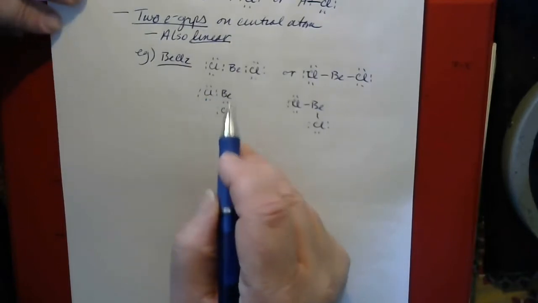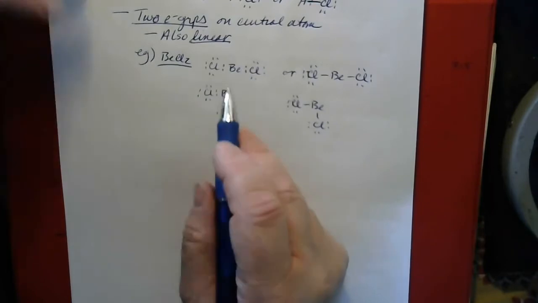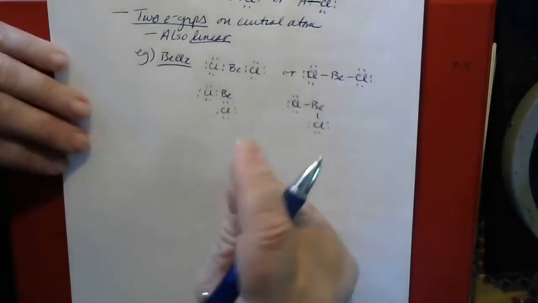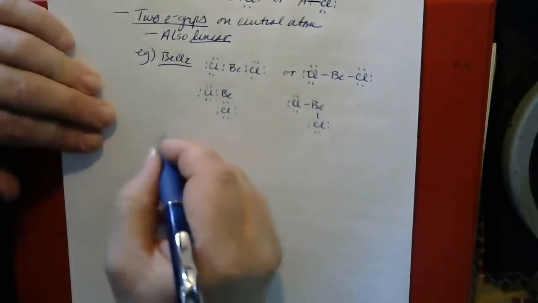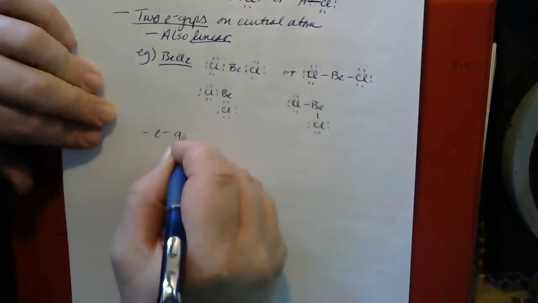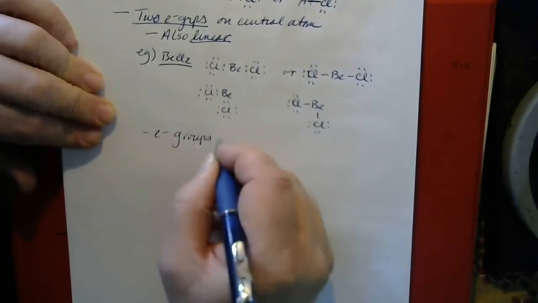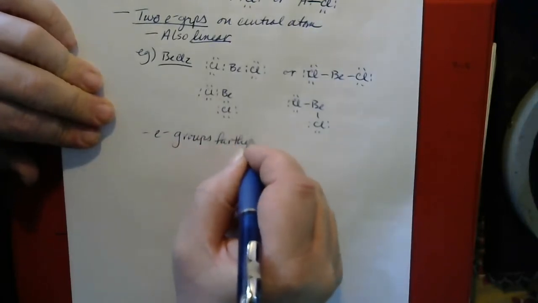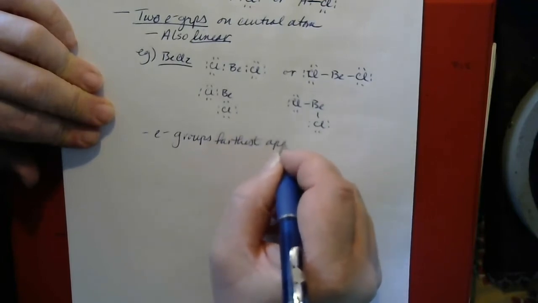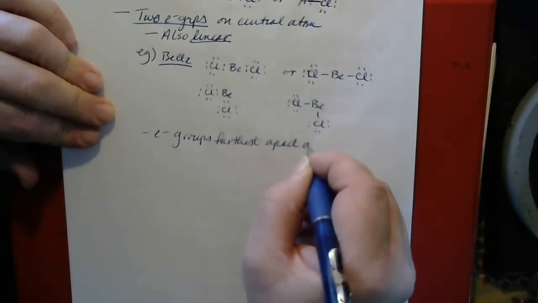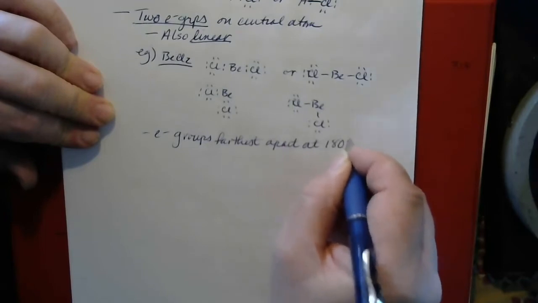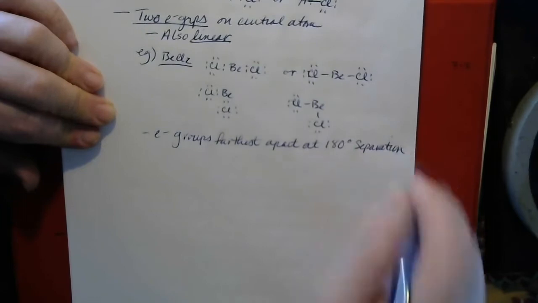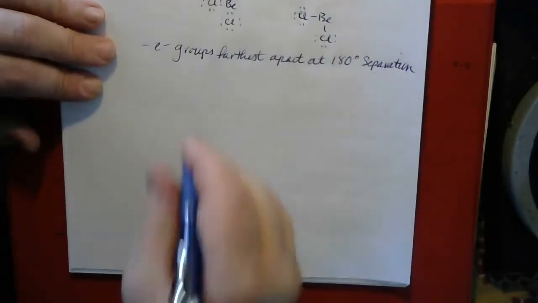If it were bent at a 90-degree angle, then obviously the two electron groups would only be half as far apart. So it's definitely going to be linear. 180 degrees is as far apart as they can get.